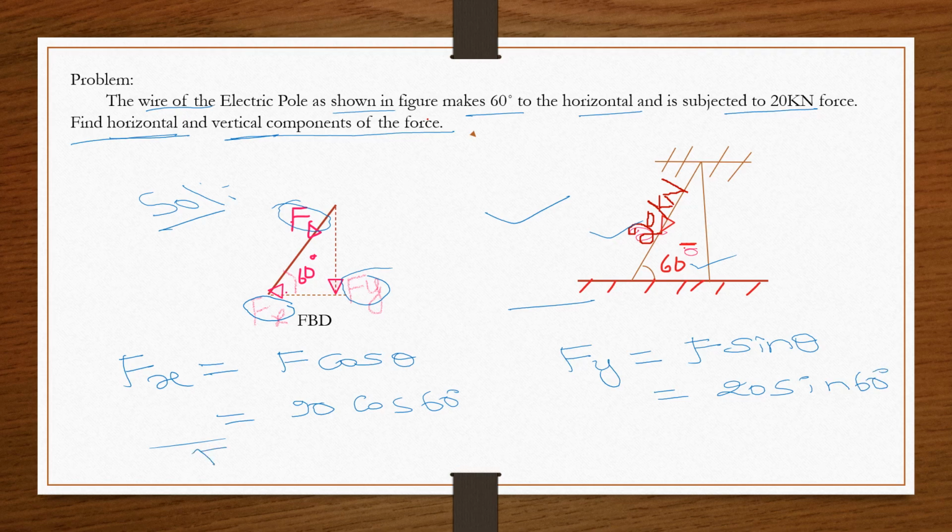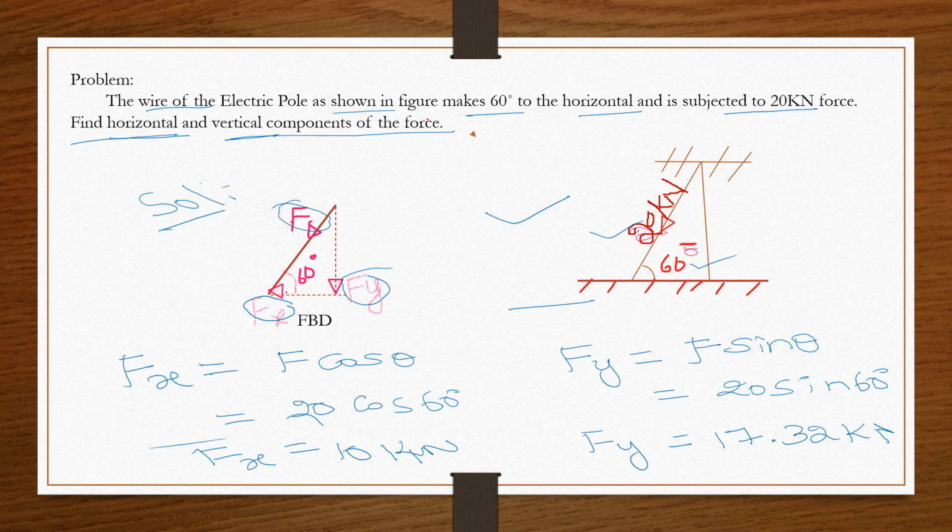Fx is 20 into cos 60, which is 1 by 2, so that is 10 kilonewtons. And Fy is 20 sin 60. Simplifying that, we get 17.32 kilonewtons.